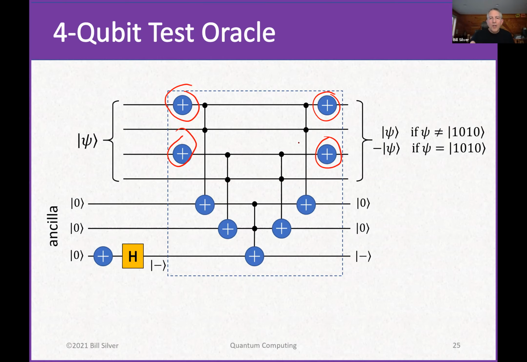And that turns this thing from marking the 1, 1, 1, 1 state into marking 1, 0, 1, 0. So I can mark any state that I want with my little test oracle just by applying these NOT gates.